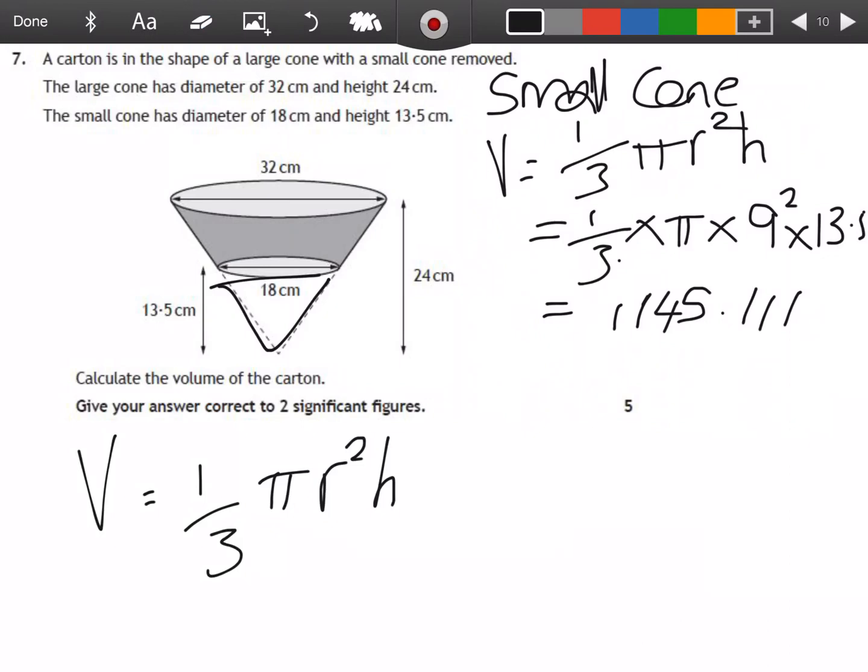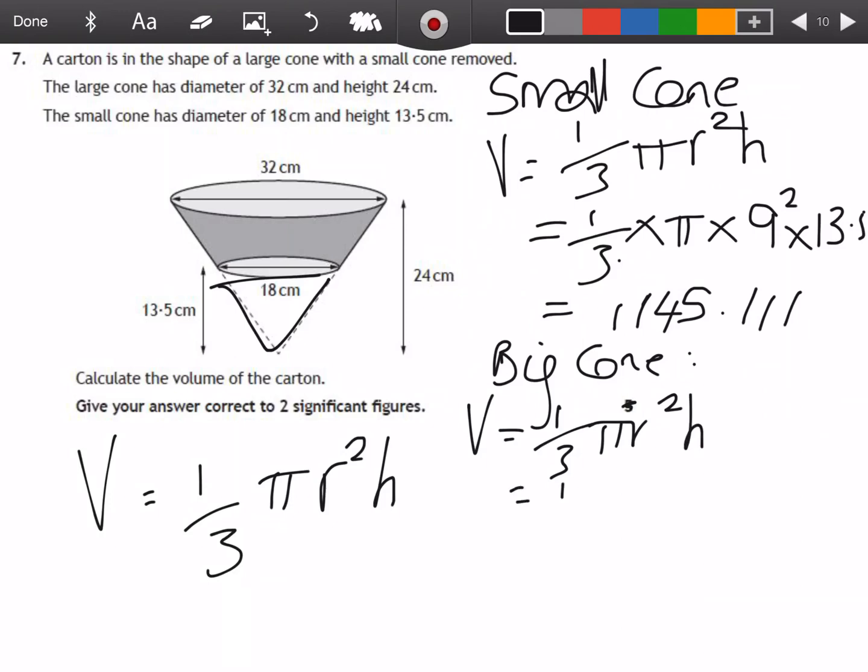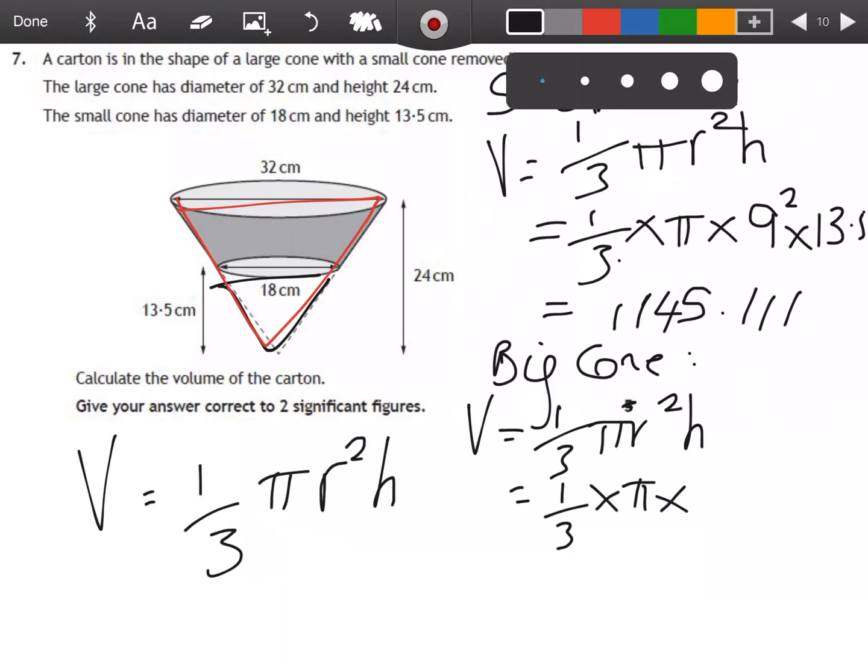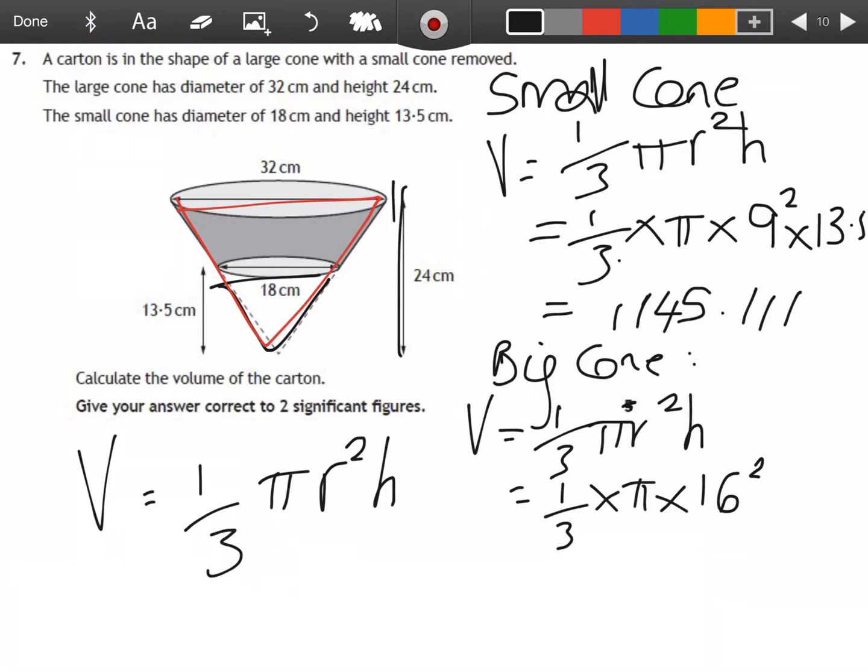We're now going to do the same for the big cone. A third pi r squared h. So it's a third times pi times the radius of the big cone. Here's the big cone here. The diameter of the big cone is 32. The radius is half of it, 16. Now, the height of the big cone, there's the height of the big cone, 24.